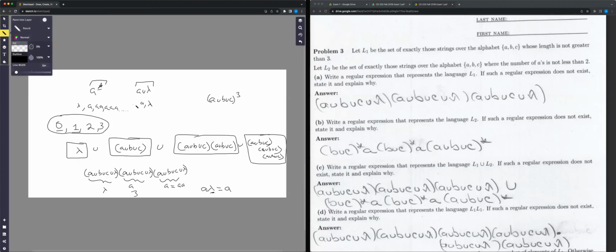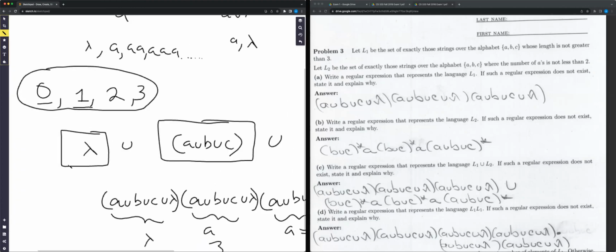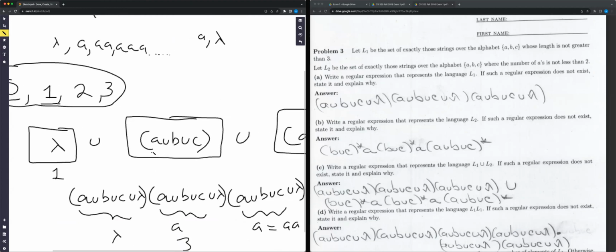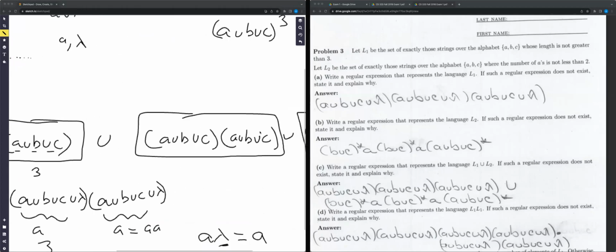Going off the expression I wrote, how many strings exist in lambda? Lambda is the empty string, and there is exactly one empty string. How many strings can I get from A or B or C? I have three options, so 3 strings. How many can I get from A or B or C, A or B or C?